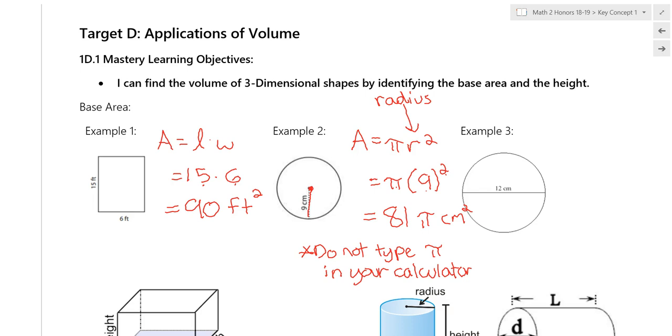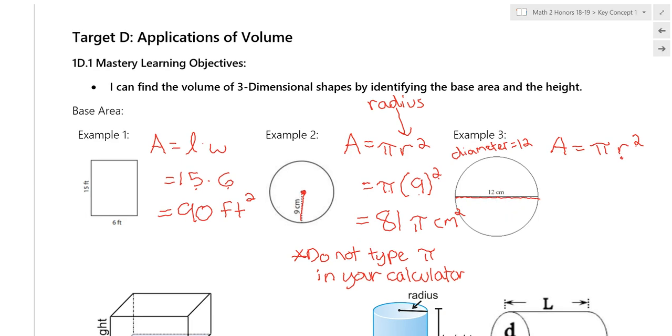Our last example for area, it's still a circle. However, now I'm doing this whole length across. Remember, that is the diameter. The diameter equals 12. But wait, I need the radius.